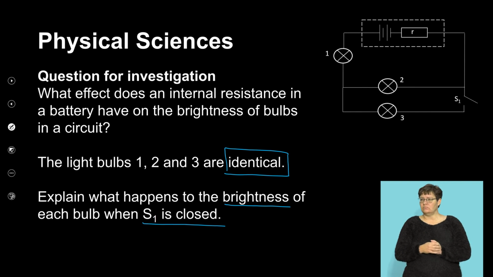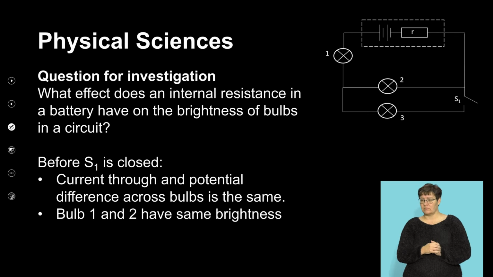But before we close switch S1, bulbs 1 and 2 are identical, so they receive the same amount of current, and therefore have the same brightness. Before S1 is closed, the current through and the potential difference across the bulbs is the same, because these two are in series.